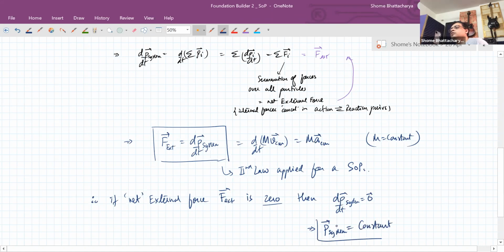So when the net external force is 0, that is when the momentum is constant, or we say it is conserved. Anything that is constant, we can say it is conserved. We had seen some examples of that in the previous lecture. So let's continue ahead with some more examples today.